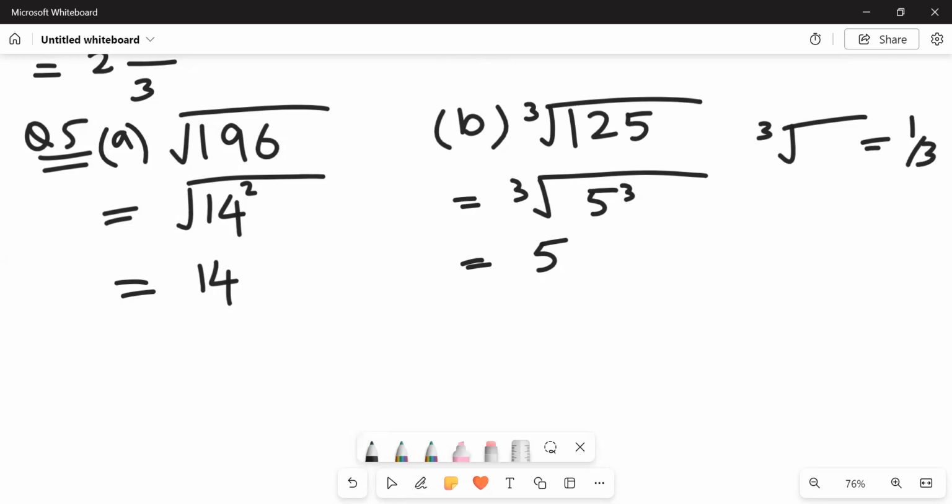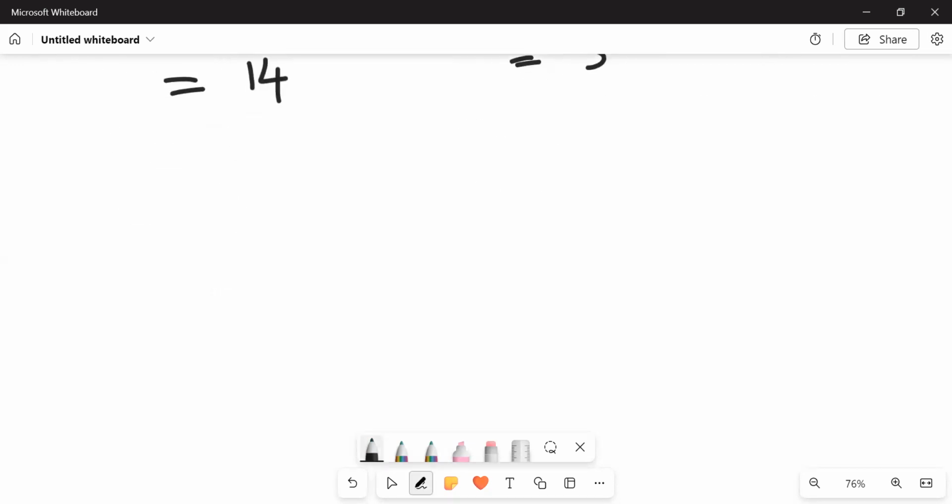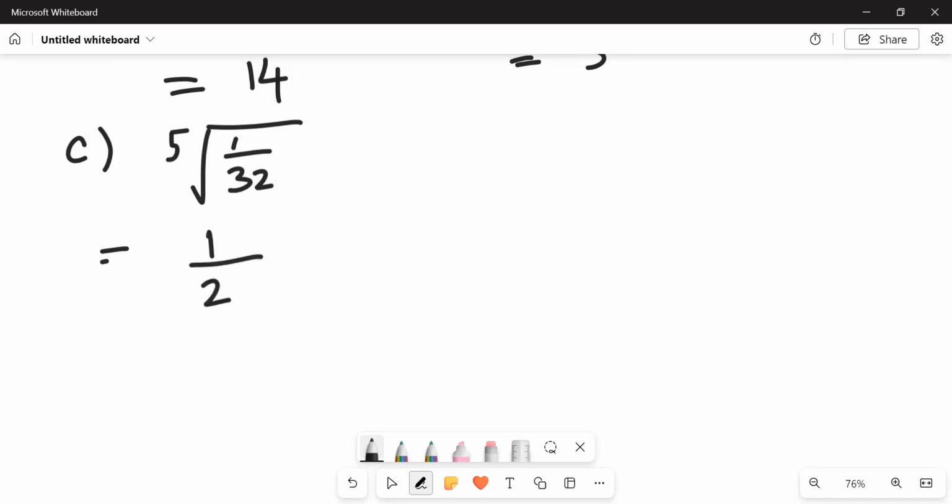Okay, now C part is fifth root of 1 over 32. Okay, 1 to the power 5 is 1. If we have any power of 1, the answer will be 1. Now 32 is 2 to the power 5.